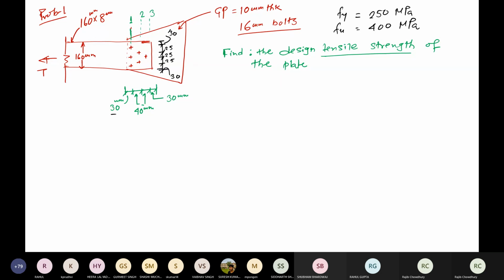Finding the strength due to yielding. How much would be the strength due to the yielding?